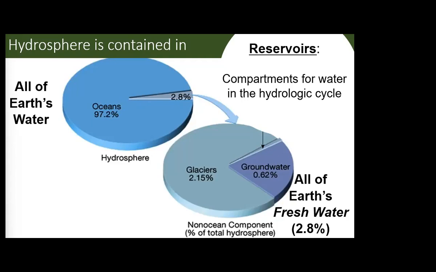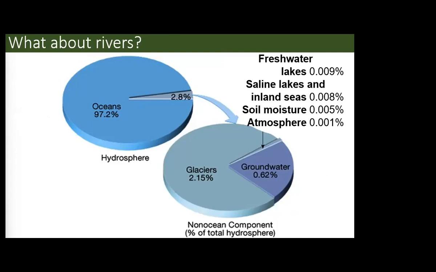So then we get to the even smaller percent that you can't even see there. Freshwater lakes, saline lakes, and inland seas like the Black Sea, Caspian Sea, Salt Lake in Utah, Great Salt Lake. That's also a saline lake. Soil moisture and the atmosphere also account for water that we're measuring here, but just 0.001% of all of the fresh water on Earth is in stream channels.